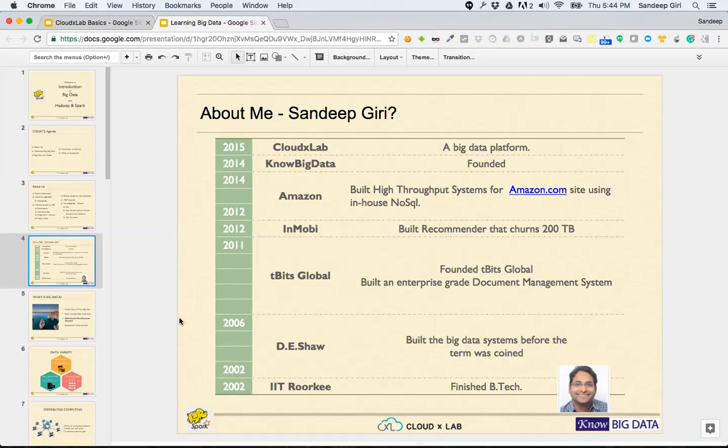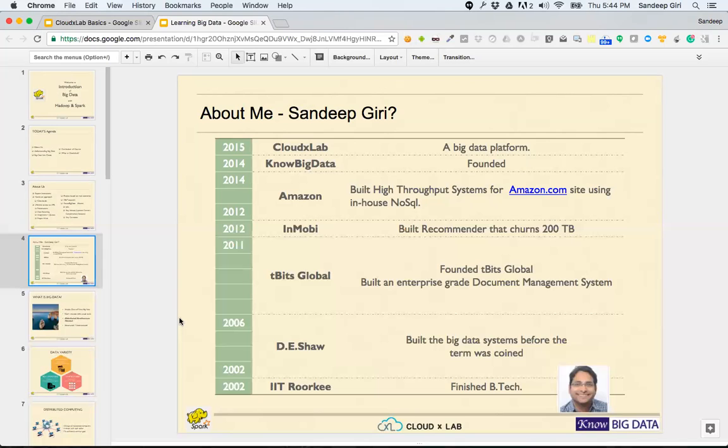At DE Shaw, we had a cluster of 10,000 nodes. So what does it mean? We were able to handle terabytes and petabytes of data when the world was still haggling with gigabytes of data. That was something I learned in 2002, around 14 years ago. We built our own systems, which were on similar lines to Spark and Hadoop, but not as sophisticated. We built those kinds of systems around 10, 15 years ago.